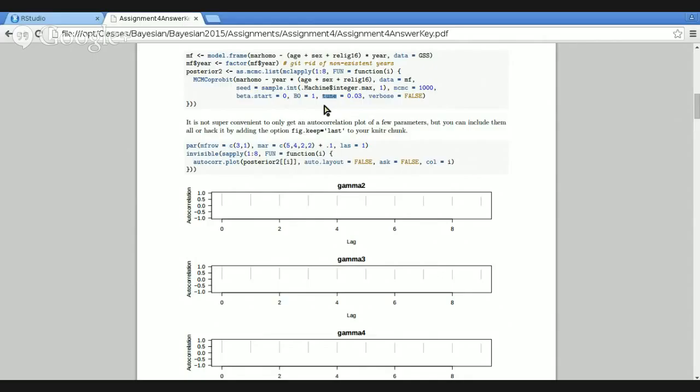And then you can run that. And then these gray lines are not too easy to see. I also didn't realize that there was no obvious way of only looking at autocorrelation of some parameters in CODA. I don't know why they haven't implemented that. I assumed that they had implemented that when I wrote the question.